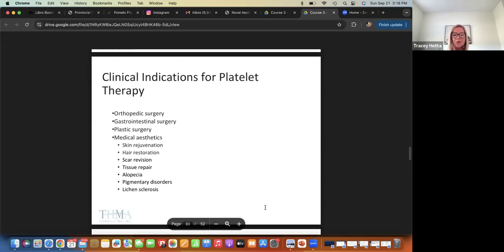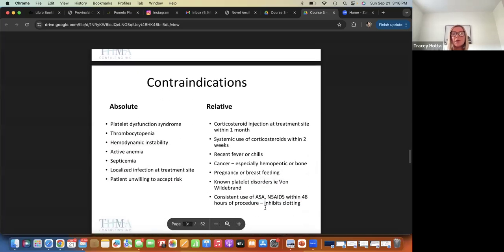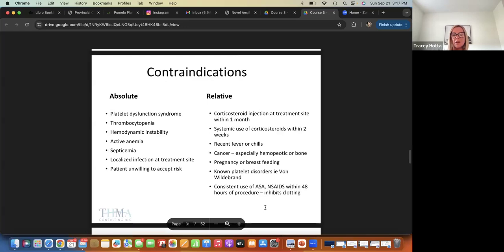It can be used for skin rejuvenation, hair restoration, scar revision, tissue repair, alopecia, or even hair thinning, pigmentary disorders, and lichen sclerosus. What are the contraindications to consider if we are recommending PRP or PRF to our patient?